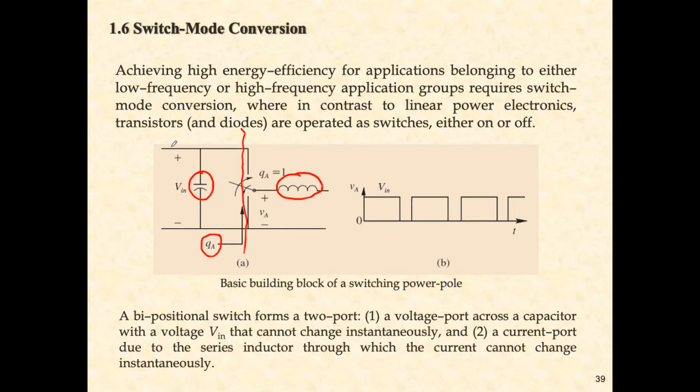So it means that here the current cannot flow through the switch to the inductor or to the load. In that sense, we can imagine our resultant waveform. When QA is equal to 1, we should have VA.